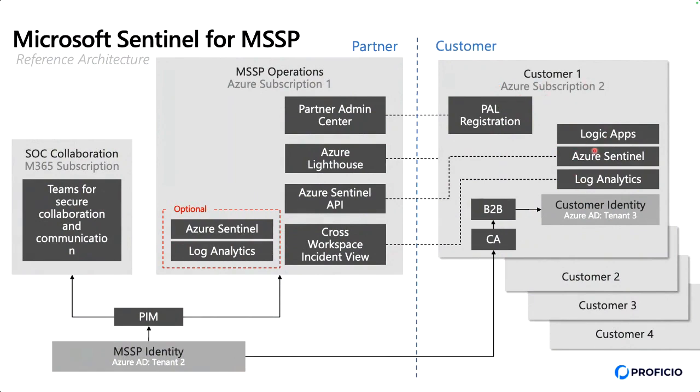Inside the subscription, you will have your own logic apps, your own Sentinel, Log Analytics, and some identity integration with everything, right? But on our side, we will have Azure Lighthouse, which will help us use cross-workspace incident view, which is basically something we are using to manage our customers' environment.